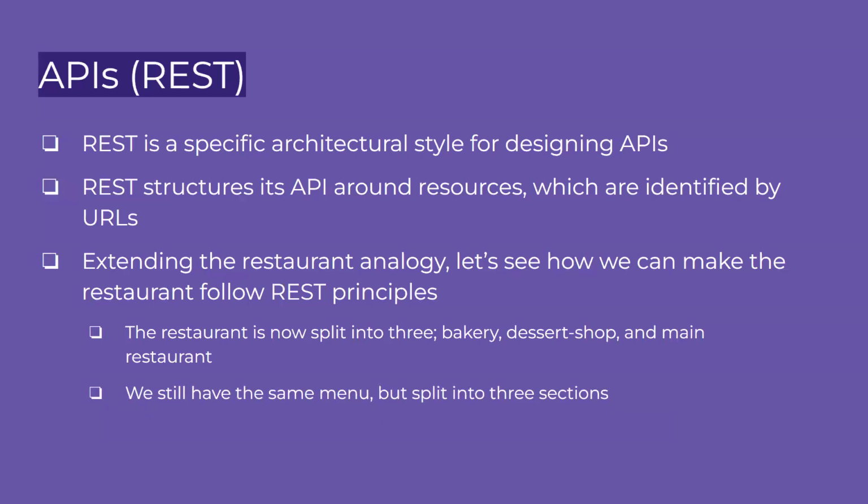We still have the same menu as well, but now the menu is split up between these different sections, which each handle those respective dishes that you might find in the bakery or the dessert shop. In each section, we still have all the dishes we can expect.